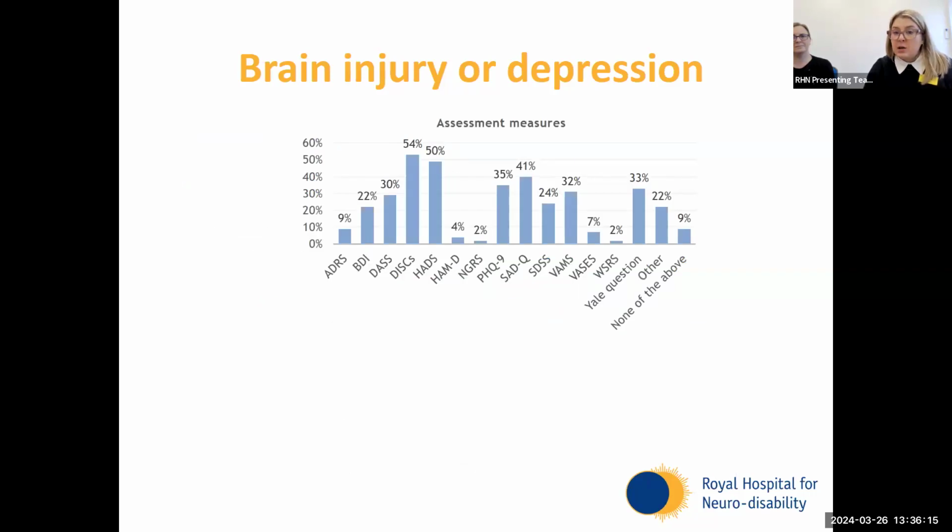So this is just a list of the most common mood screens that people are using when they're assessing patients after brain injury, and clinical guidelines suggest that we routinely screen after stroke, within the first 3 months, and then at 6 months, and then every 3 months after that for a certain period of time.